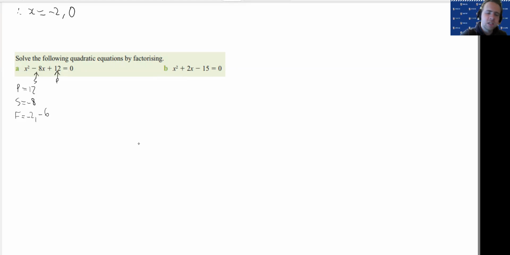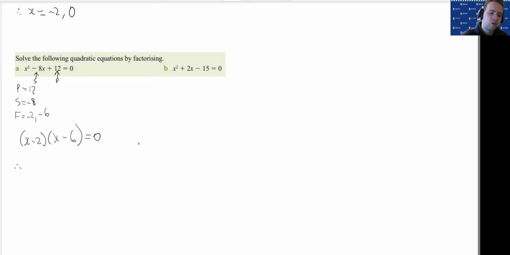The reason why it has to be those is because it's either 1 and 12, 2 and 6, or 3 and 4. 2 and 6 are the ones that we can get -8 with. So -2 and -6. That means we can factorize this by going (x - 2)(x - 6) = 0. Now if we were to expand that out again, we would get the question, so we know we've done it correctly. But now we can use our null factor law.